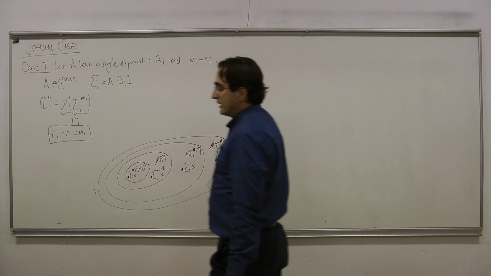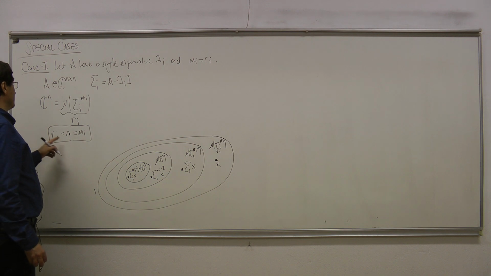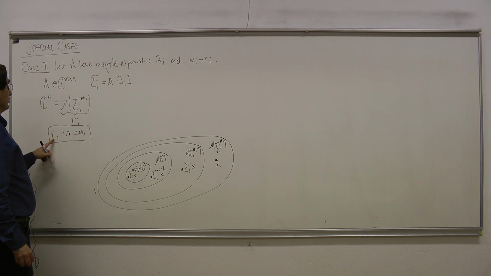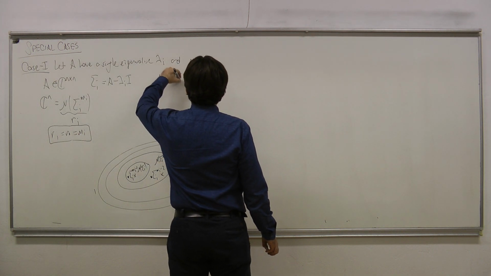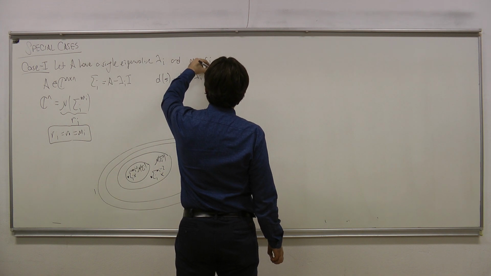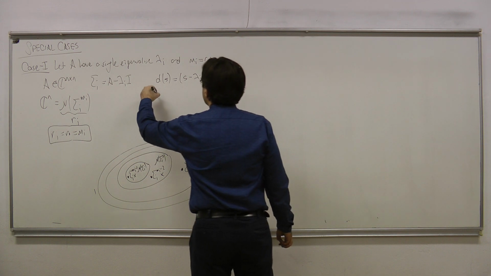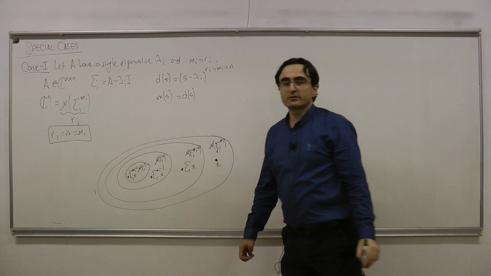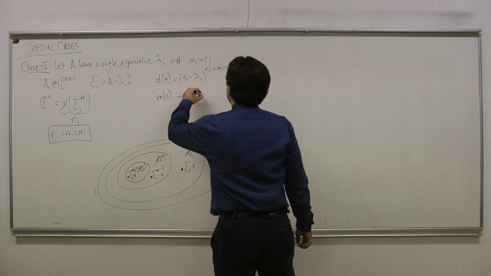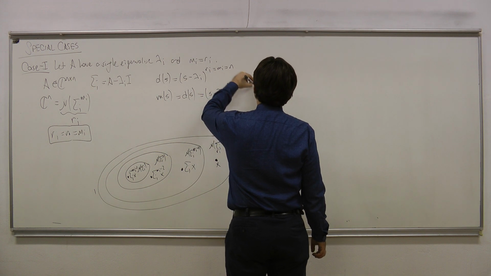I have only a single eigenvalue, and this minimal polynomial power is equal to the characteristic polynomial power, and they should all be equal to the size of the matrix. So d of s is s minus lambda i to the Ri, which is equal to mi, which is equal to n, and m of s is equal to d of s, the characteristic polynomial. So I would have s minus lambda i, Ri equal to mi equal to n.